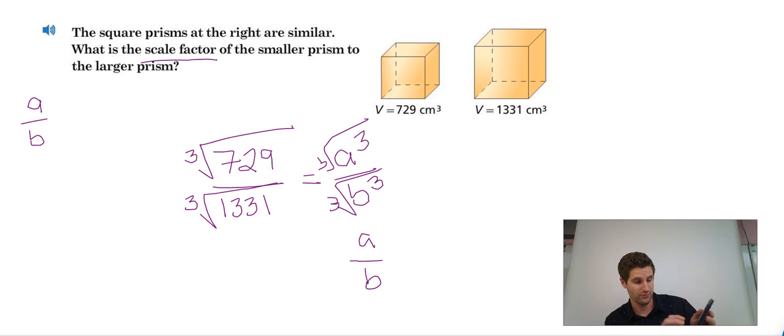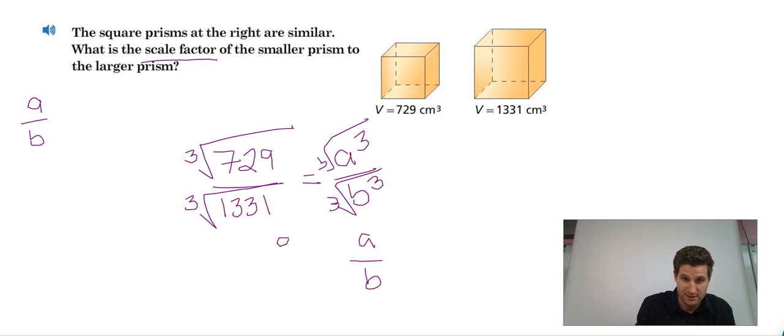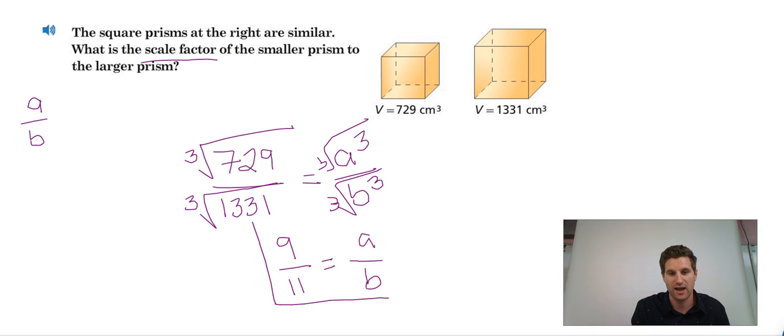So the cube root of 729 gives us 9 as our answer. And then the cube root of 1331 is going to give us 11. So our scale factor is 9 to 11. That gives us our A to B.